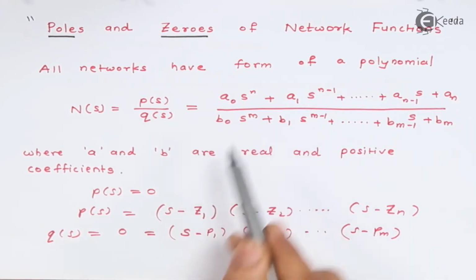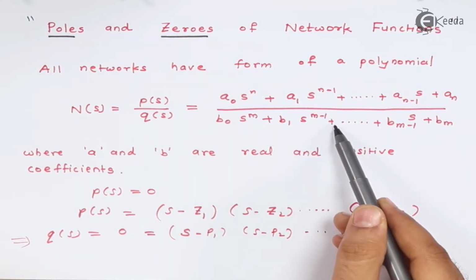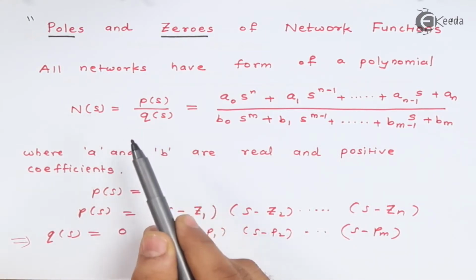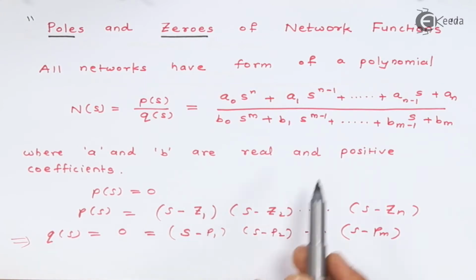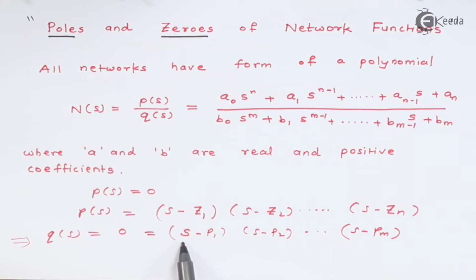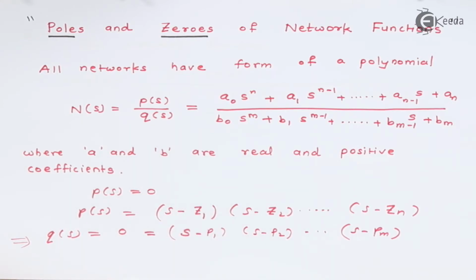And those values of s for which Q of s, the denominator, becomes 0, make your network function infinite, and these are called poles. That means those values of s exactly equal to p1, p2 and pm, because of which Q of s is 0, are called poles of this network. So this is a very simple definition.